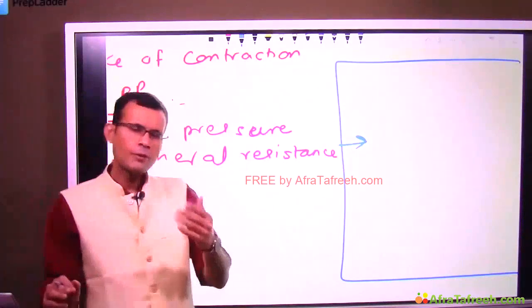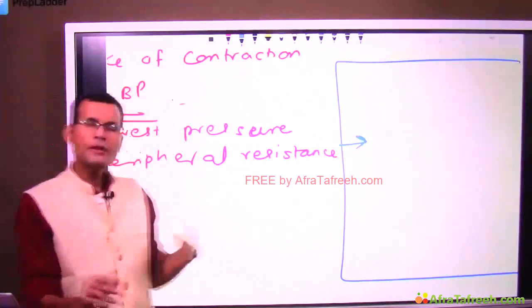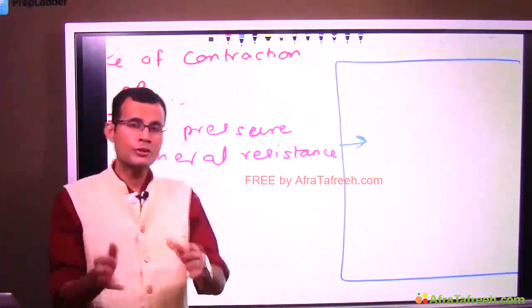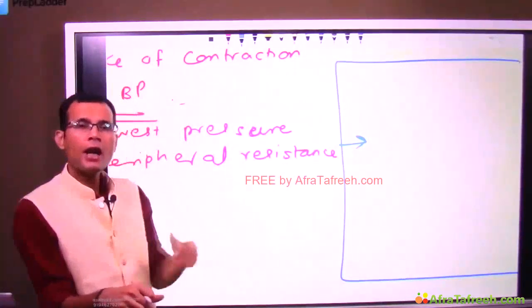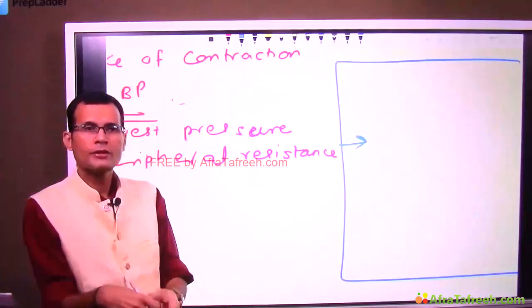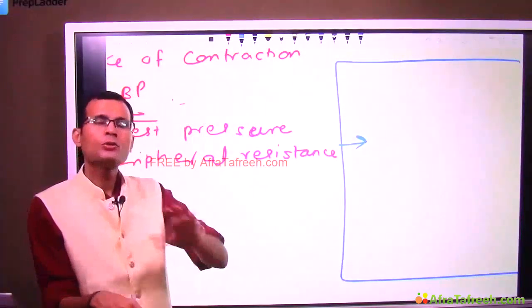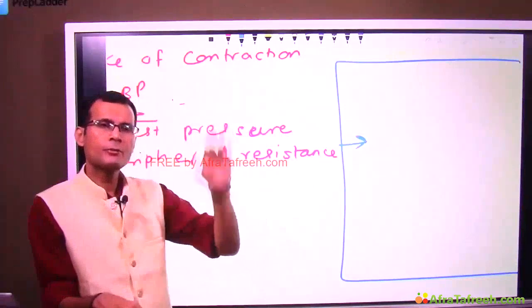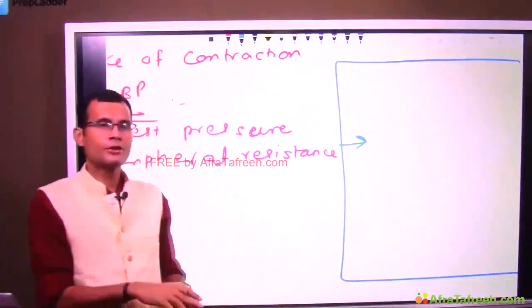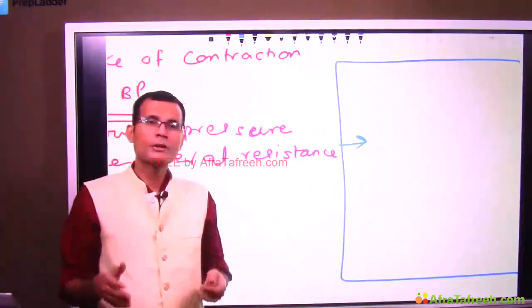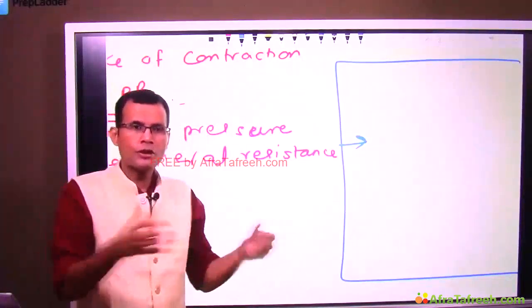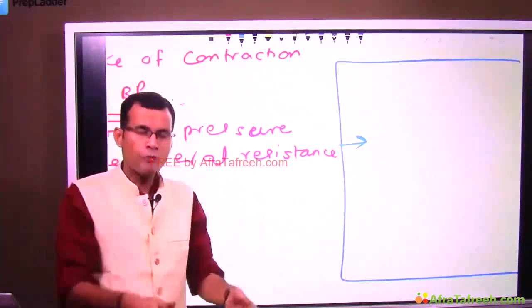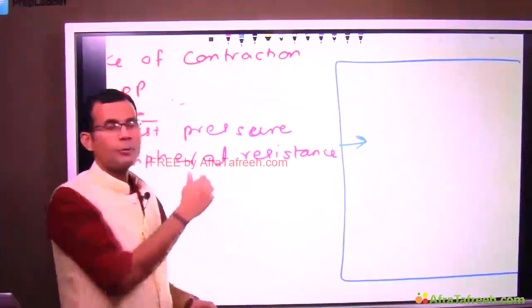Whenever I ask this question, many students answer arterioles just because I have mentioned at the start, we have seen this, that arterioles are the resistance vessels, they contribute to the resistance. No, that was different. That is resistance for the blood flow. That is a segment of circulation. What I am asking here is which vascular bed, which organ system offers greatest resistance to the blood flow.